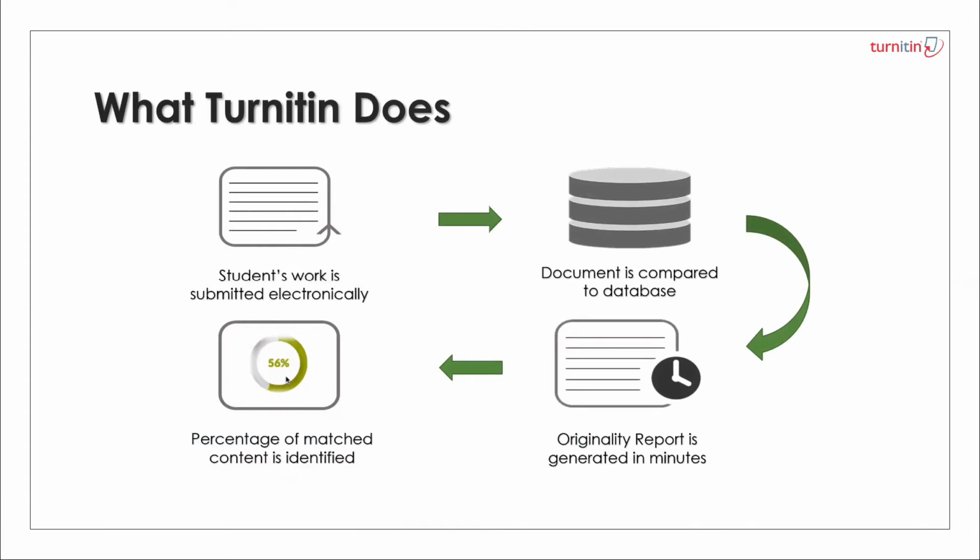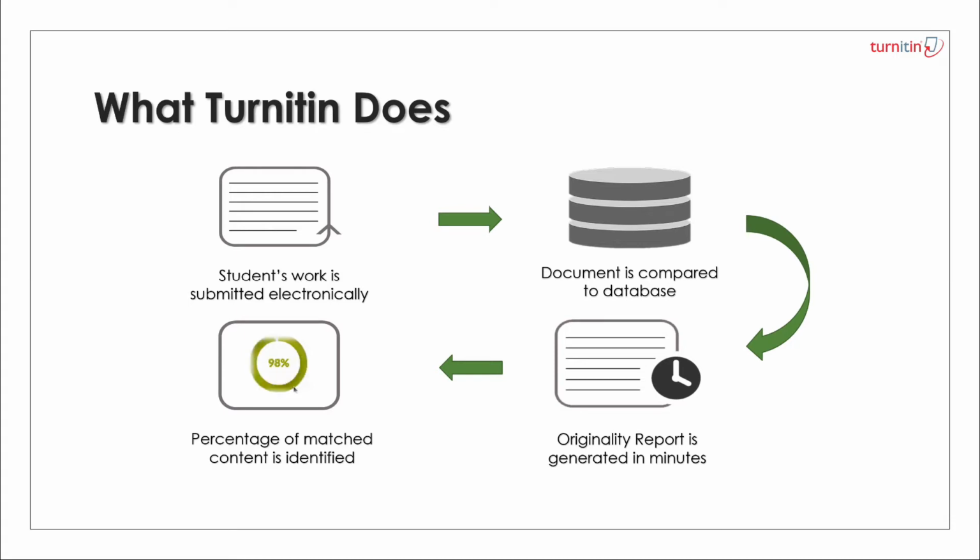Okay, this is what Turnitin will do. Accept student papers, everything has to be in e-format. For example, Microsoft Word, PDF, HTML, as long as it is text documents. Okay, so students have to have their own Turnitin account and students have to submit their paper by themselves.